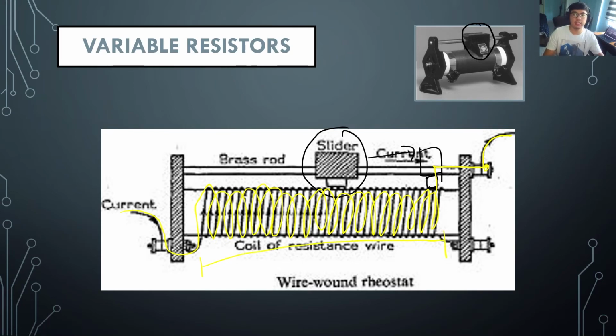This variable resistor gives a high resistance, and when there is a high resistance, there is a low amount of current flowing through this resistor. So that's how the variable resistor works. By moving the slider, you can change the length of wire in this variable resistor, and therefore you can change the amount of resistance this variable resistor gives to the circuit.